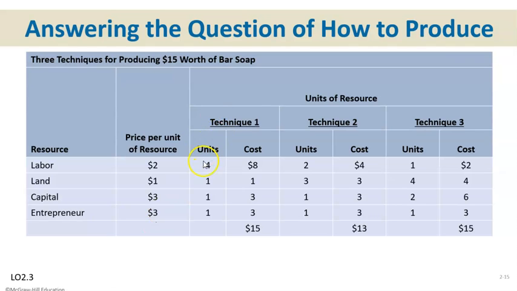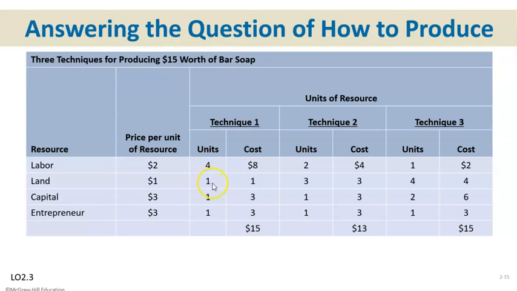You will be given normally three different methods of production or techniques that the business can use. And then they're going to choose to use either the first, the second, or the third, depending on whichever one is the least costly. In each technique, they'll tell you how many units of resources that you'll be using.